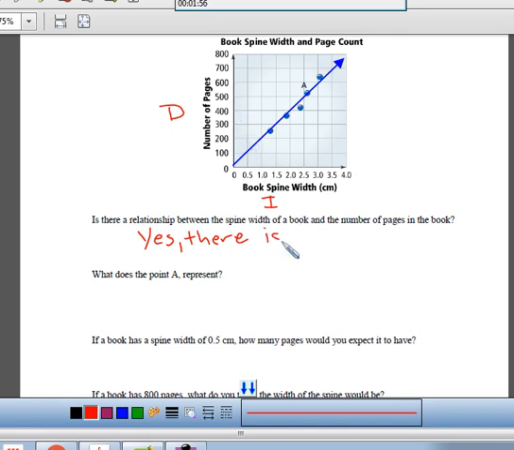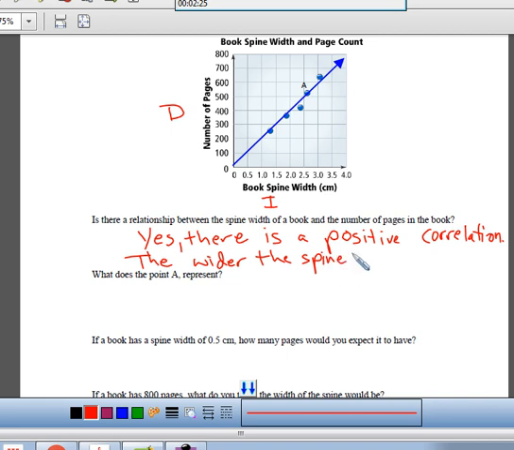There is a positive correlation. I guess we could also say the wider the spine of the book, the more pages there are.